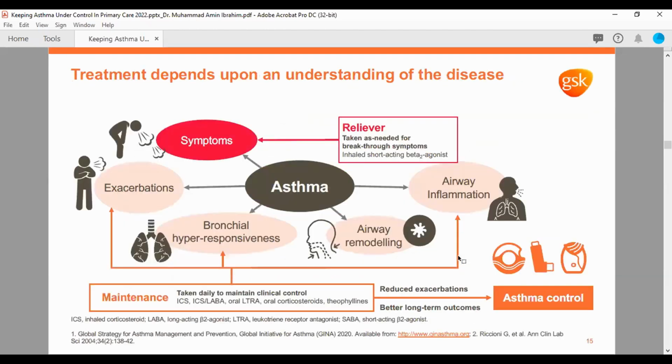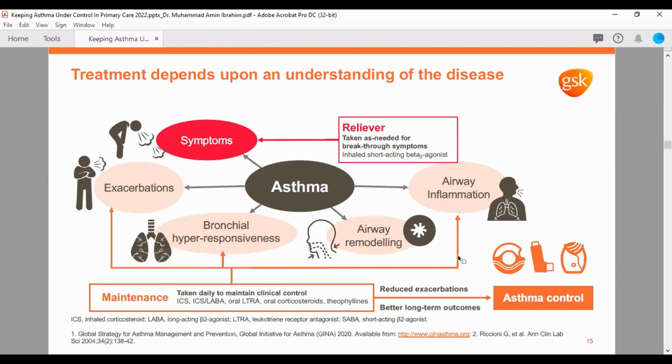So again, we have to go back to the basics of asthma disease. I mentioned to you in my early slide, asthma is an airway inflammation. So a patient having symptoms, we should address the airway inflammation. If we just focus on the symptom, just giving a bronchodilator, we just open up the airways.